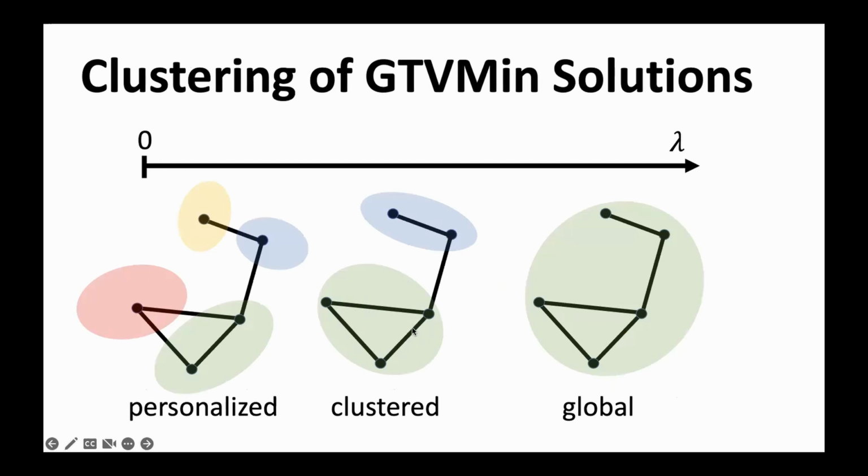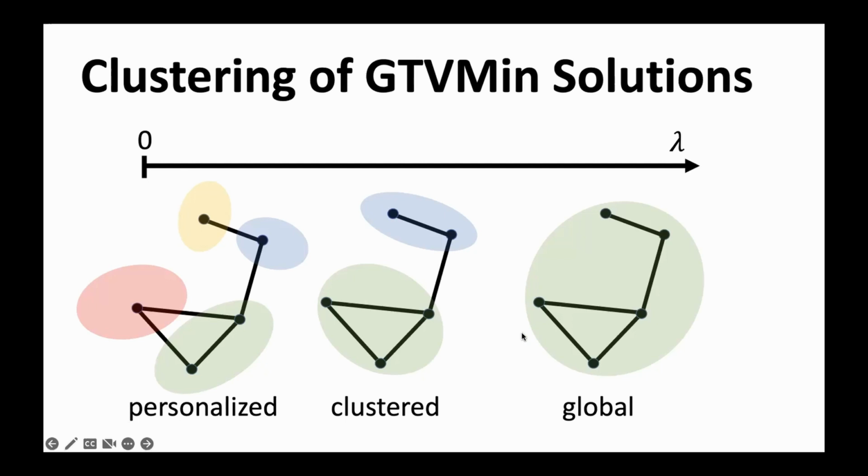And the size of the resulting clusters depends on how much emphasis we put on this regularization term. So the larger the lambda, the larger the clusters of the solutions of this GTV minimization will be.